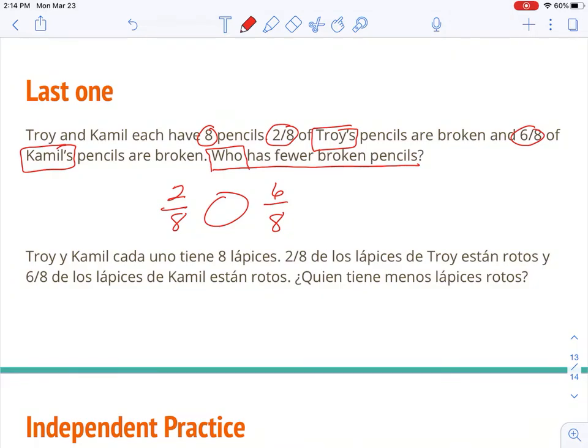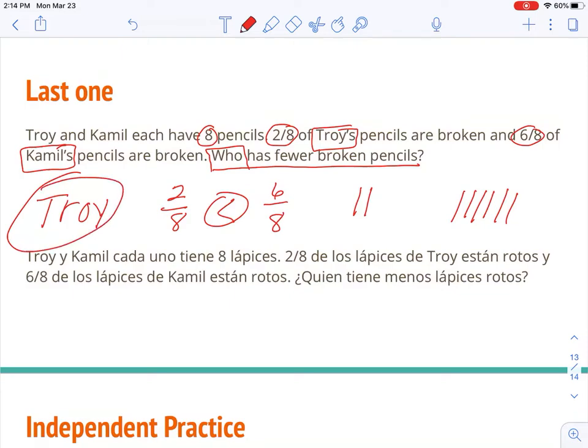And this tells me that Troy has 2 pencils that are broken and Camille has 6 pencils that are broken. So 2/8 is less than 6/8. So the answer should be a name, which is Troy. We probably should have boxed this word fewer too, because you're looking for who has the least amount of broken pencils.